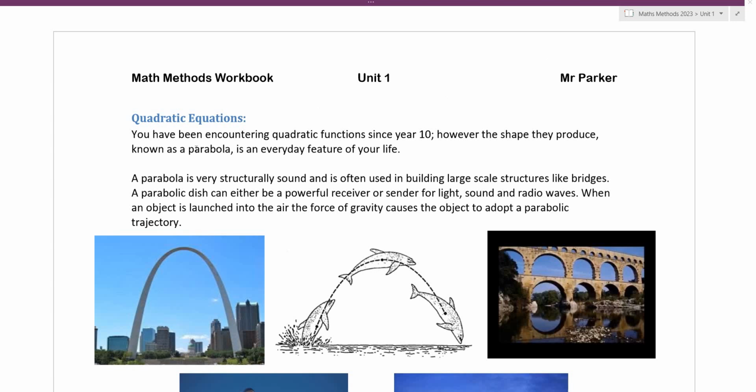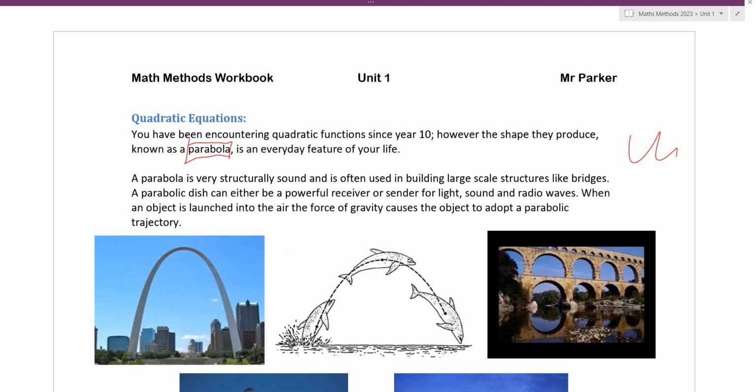The shape they produce is called a parabola. Oh, my pen's... There we go. A parabola is an everyday feature of life. When I say a quadratic, I'm referring to the type of equation.